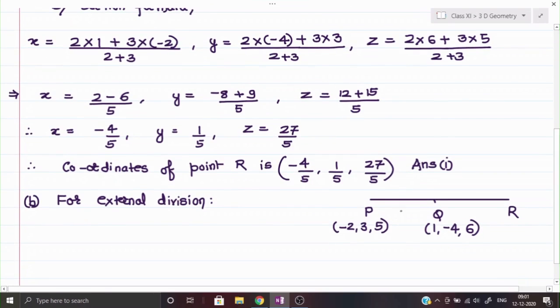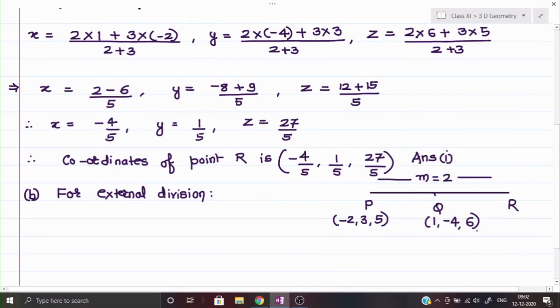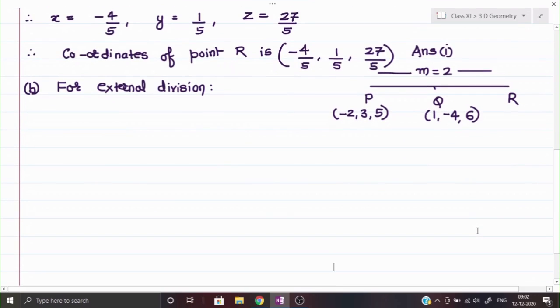So the value of m will be equal to 2 and the value of n will be 3.